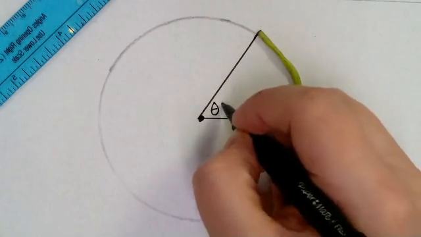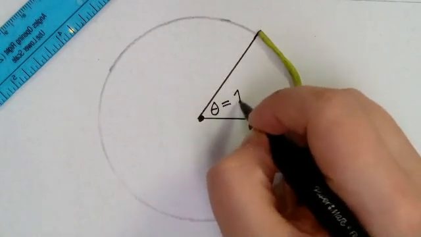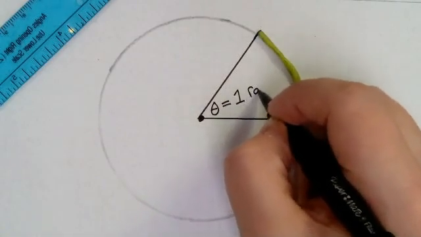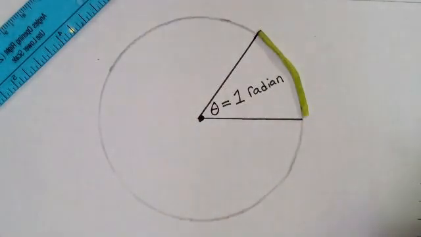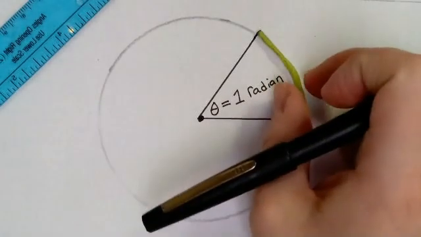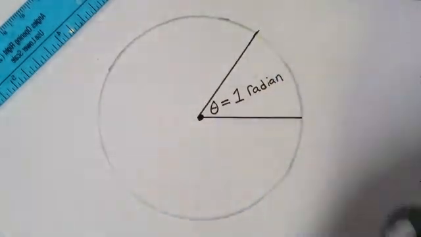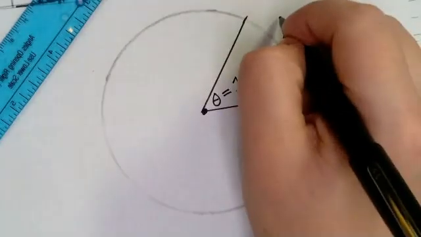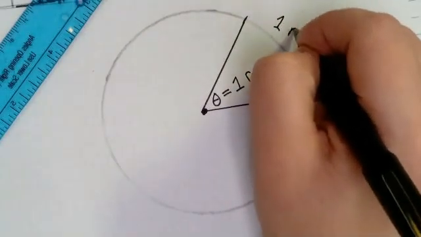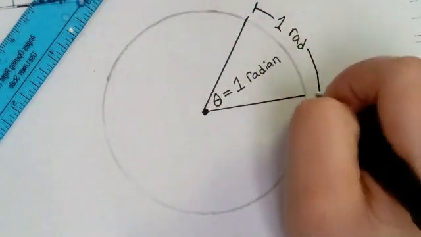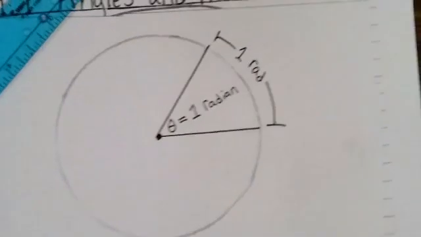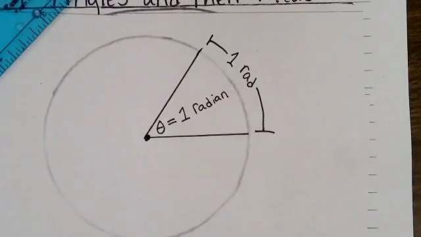We're going to use the Greek letter theta to represent that angle measure. But this angle measure is 1 radian, okay? So I'm going to put another little marking on here, just like that. All right.